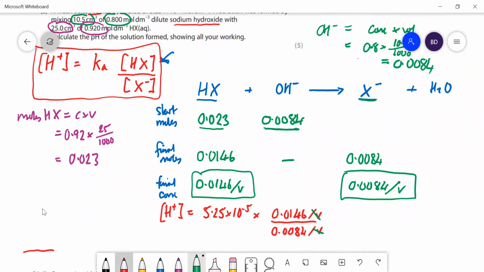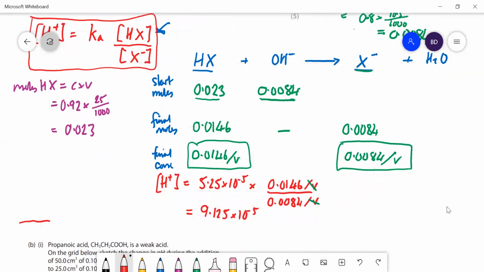Put the numbers into the calculator and we get 9.125 times 10 to the minus 5 is the concentration of H plus ions, mole per decimeter cubed. Take a minus log of that to get the pH. Give it to 2 decimal places. We get 4.04 is our answer there.